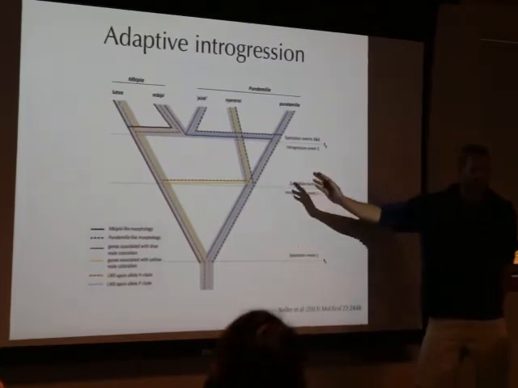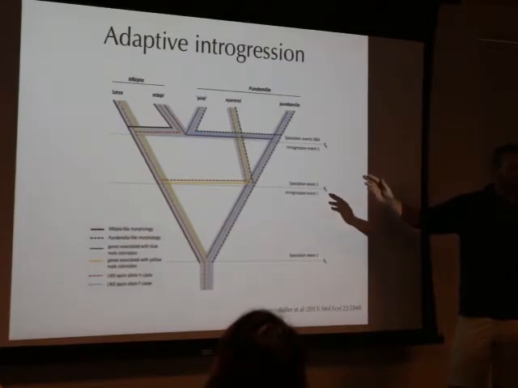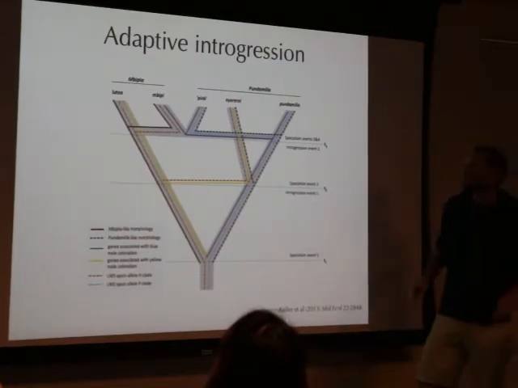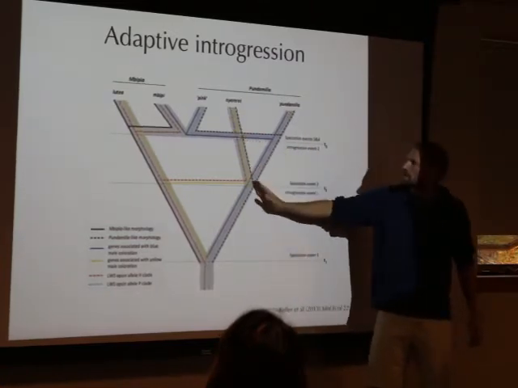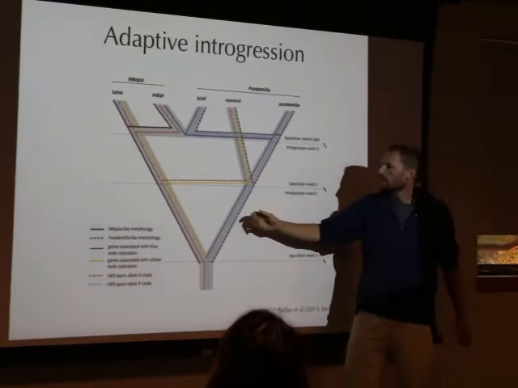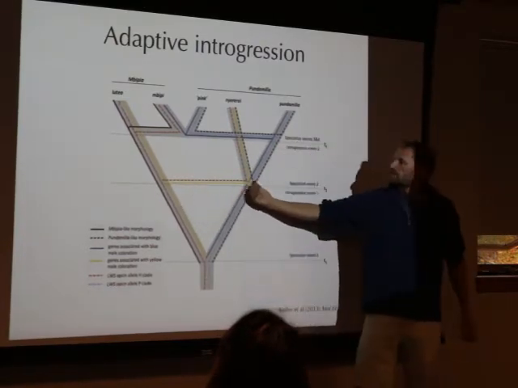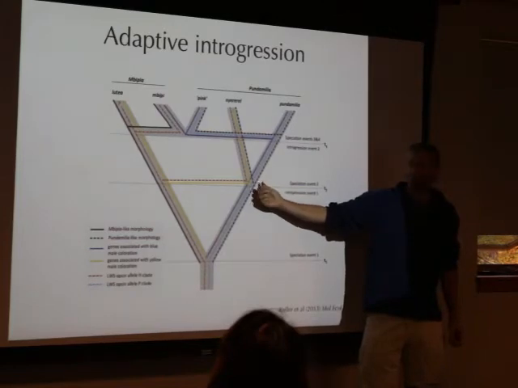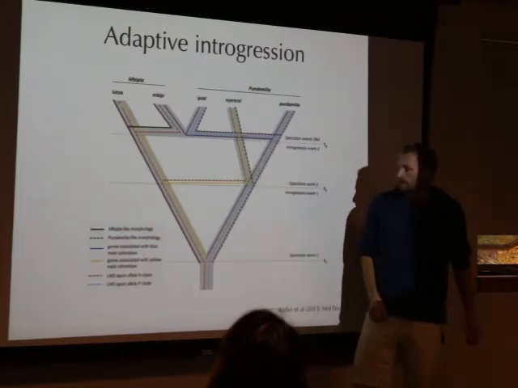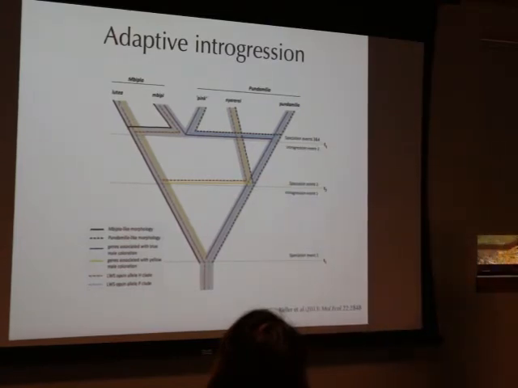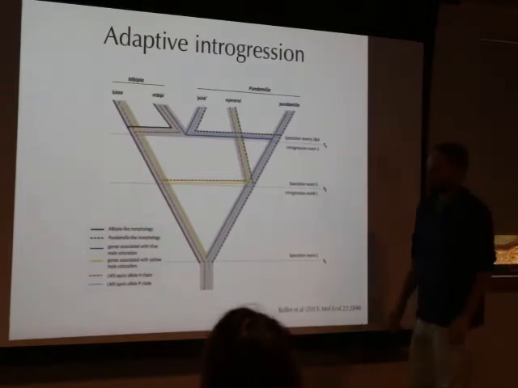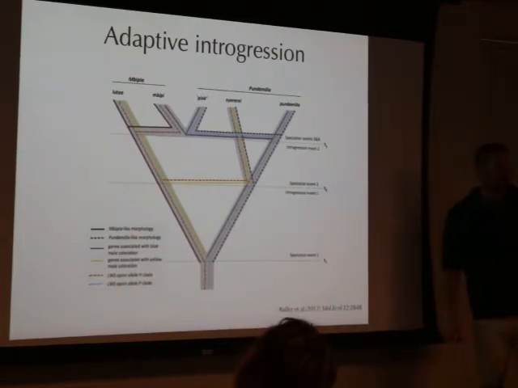Because of the genomic scale of data that they had in this study, they were able to track this sort of genome-wide picture, which gives you this tree, but then a few particular loci that introgressed as a result of hybridization and were adaptive. And in particular, those loci that show those pathways of introgression are linked to male color pattern, which is a big ecologically and sexually important trait in these taxa.